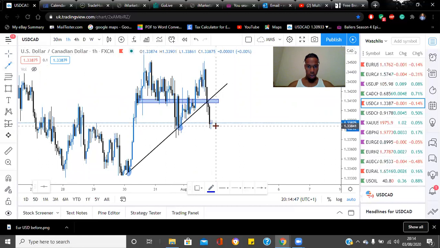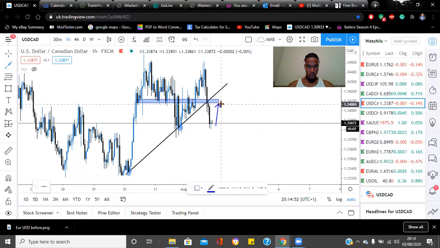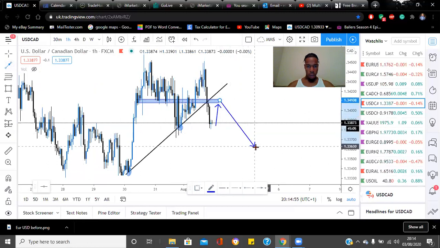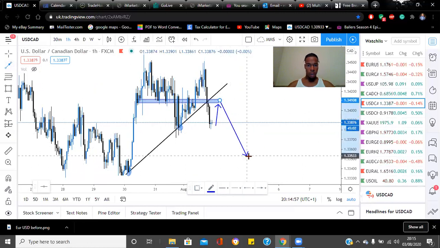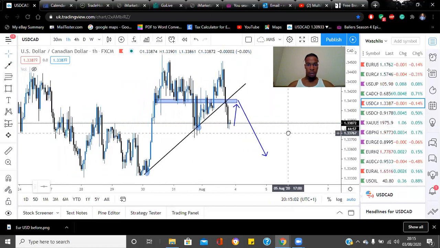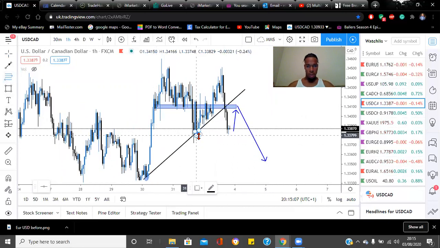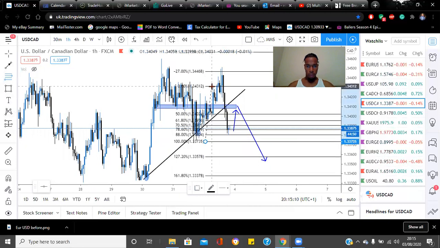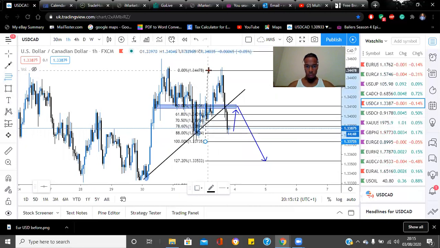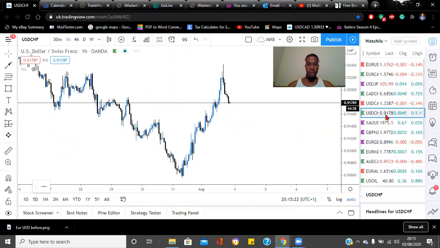So one would say wait for the retest, and then price will start going down. One should wait for that if you want to get into it. Let's see. Yeah, it doesn't look so good to me, so maybe stay away from that.